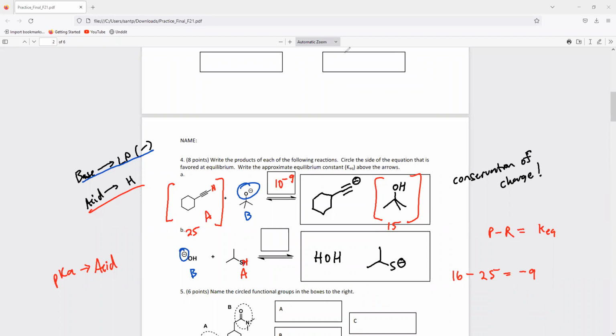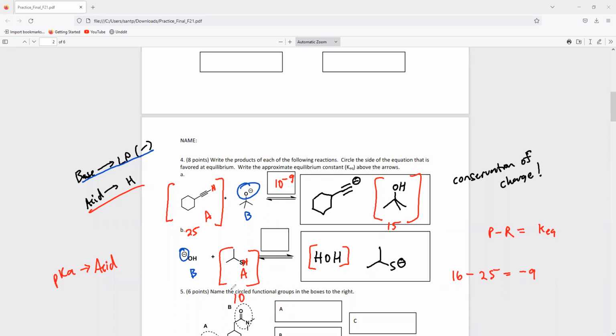I'm going to have to ballpark this again, but if this is the acid on this side, then on the other side, this guy has to be the acid. So we're comparing this guy to this guy. I'll have to ballpark this again, but this should be around 9. Actually, I bet he put this as 10 because 10 is a really nice round number, or maybe not because he put that as 16, which is not a round number.